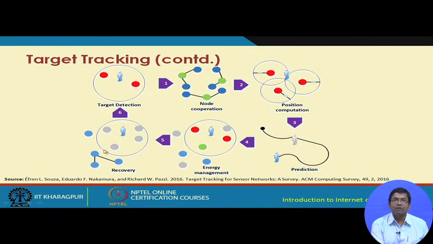First of all, identify the position of the target and then track it. So, activate those few sensor nodes and put the other nodes in sleep mode, which is a low resource consuming, low energy consuming mode of the sensor nodes. So, this is another energy management problem that also has to be addressed alongside the problem of target tracking.